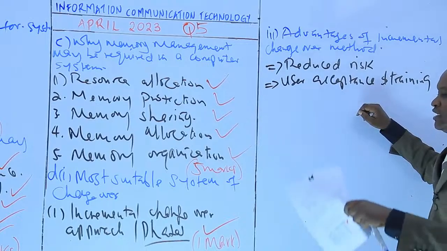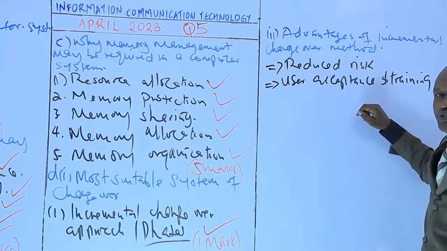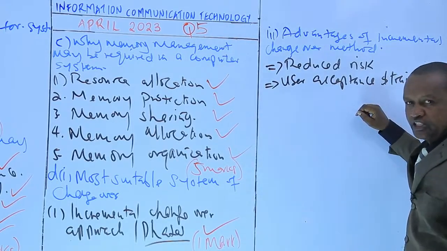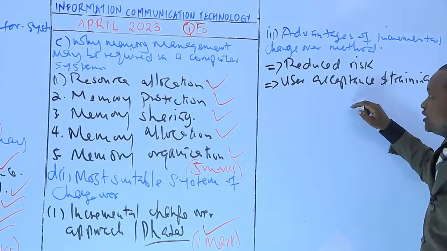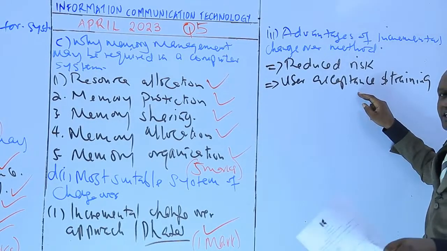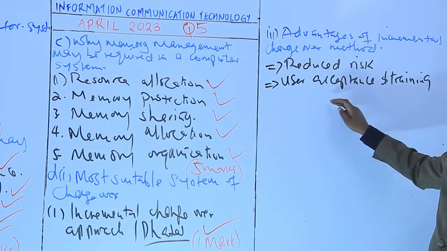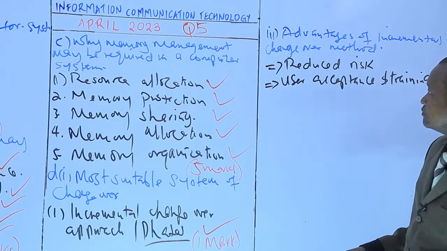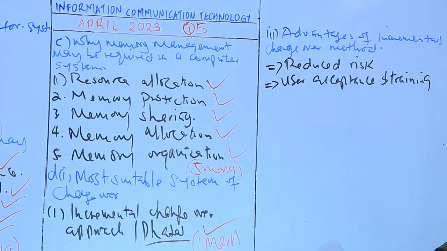By implementing the new system in phases, users have the opportunity to gradually adapt to the changes. And this approach allows for sufficient user training and support, thereby increasing the chances of user acceptance and reducing resistance. Do you understand?